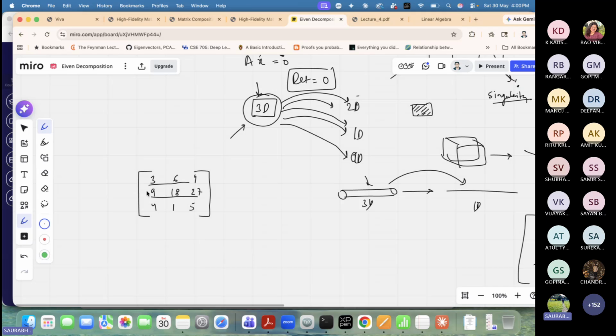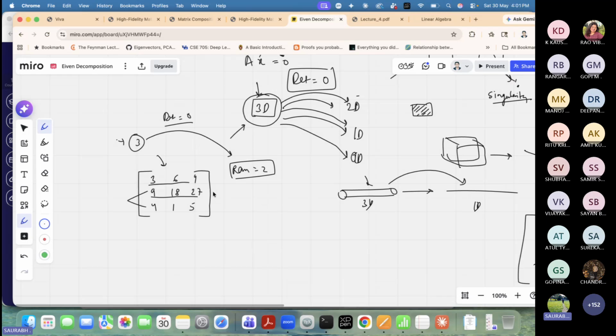Hence you have only two vectors which could be independent. So the maximum rank that you can have is 2. The full rank should have been 3, but now the rank of the matrix is 2. When you have dependent rows or dependent columns, the determinant would always be 0.